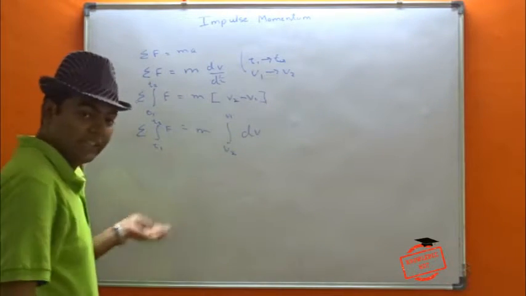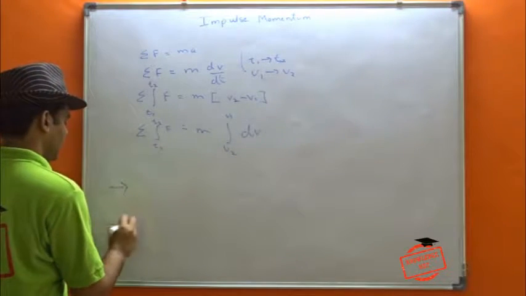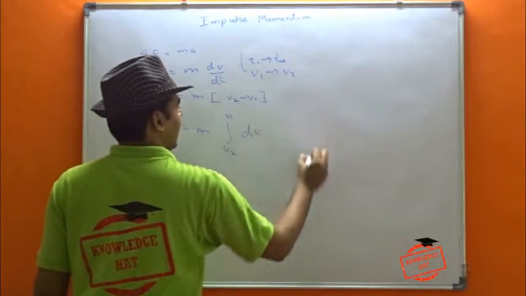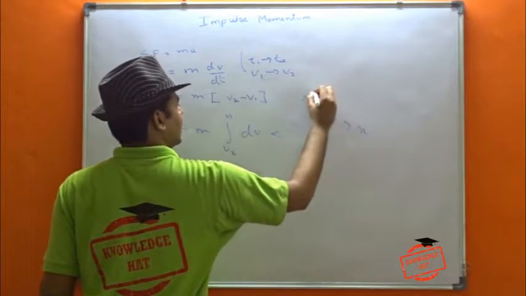Now, suppose for all practical purposes, we use the x and y coordinates. This is the x-axis and this is the y-axis.